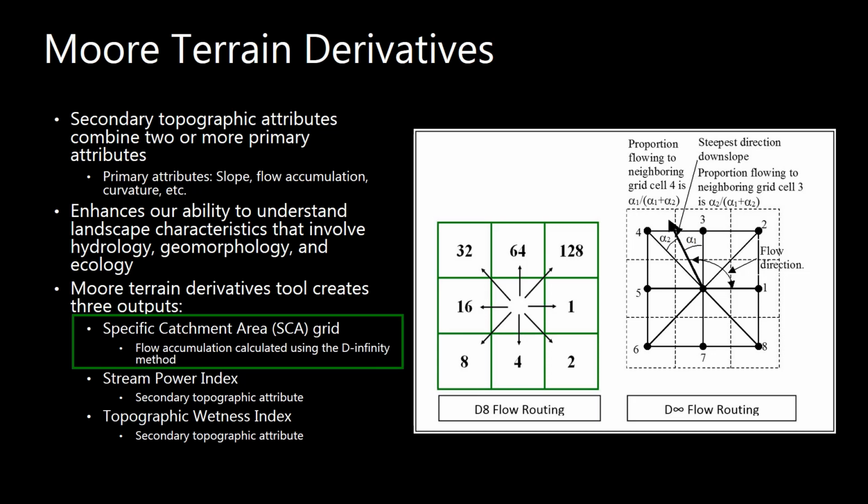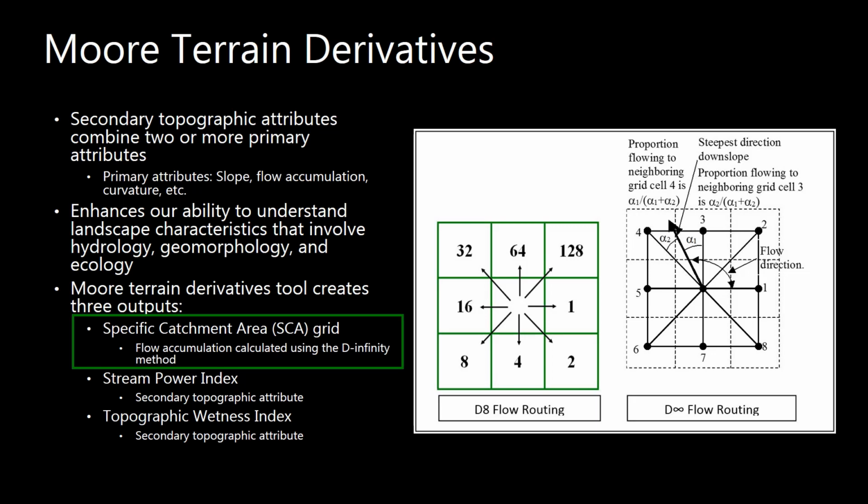The D8 method routes water from one cell to only one neighboring cell, while the D-infinity approach, which was developed by David Tarboton from Utah State, allows flow to be proportioned from one cell to multiple downstream cells based on slope angle. This approach allows flow to diverge or converge, whatever the landscape is naturally telling it to do.